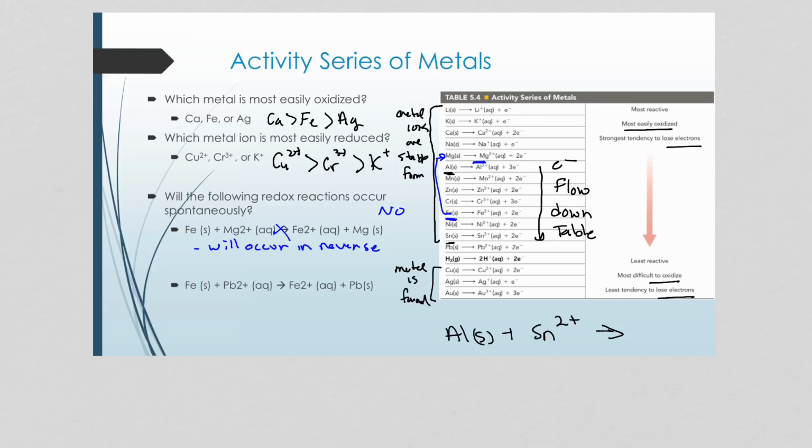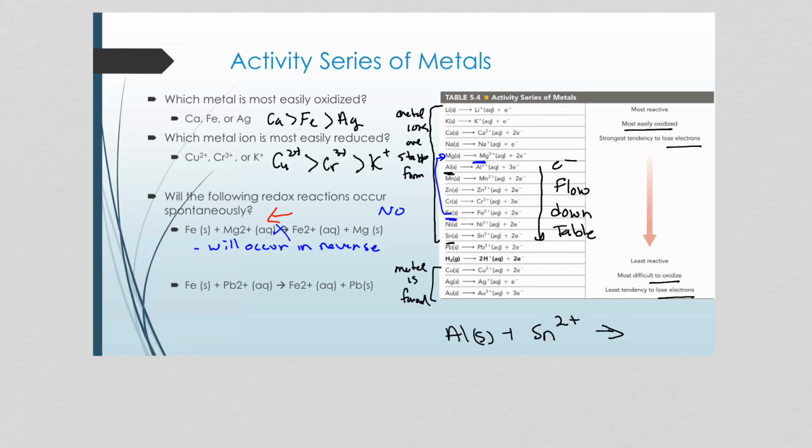If I were to take magnesium metal and put it in a solution with iron ions, the reaction would go this way spontaneously. So if we look at a reaction and it's non-spontaneous, that means the reverse reaction will be spontaneous, because magnesium metal would give its electrons to iron ions, since iron is below it in the table. So let's look at the next one.